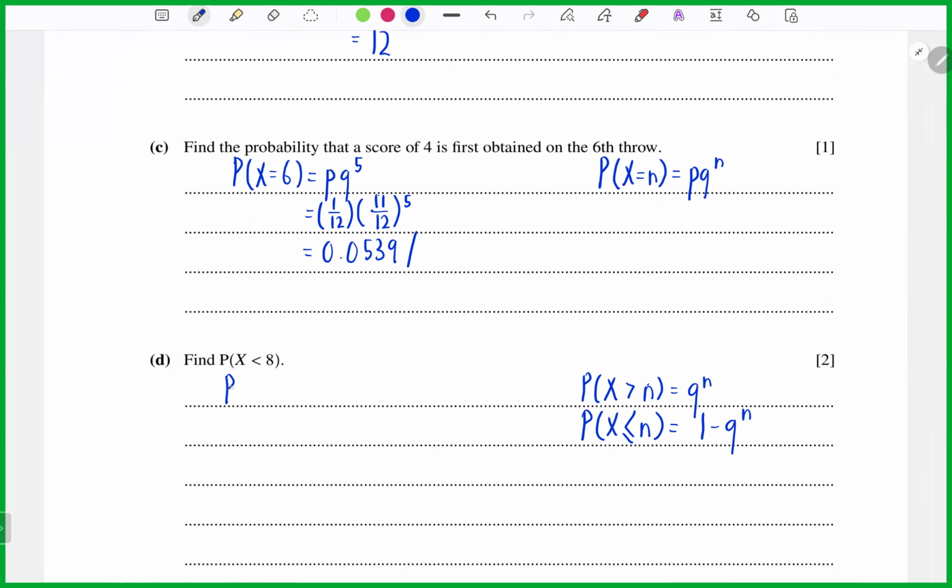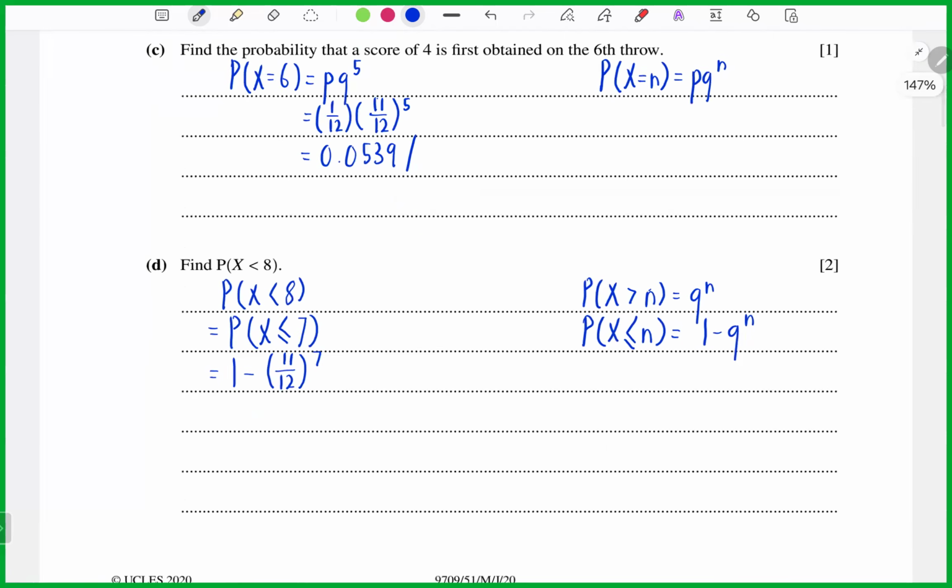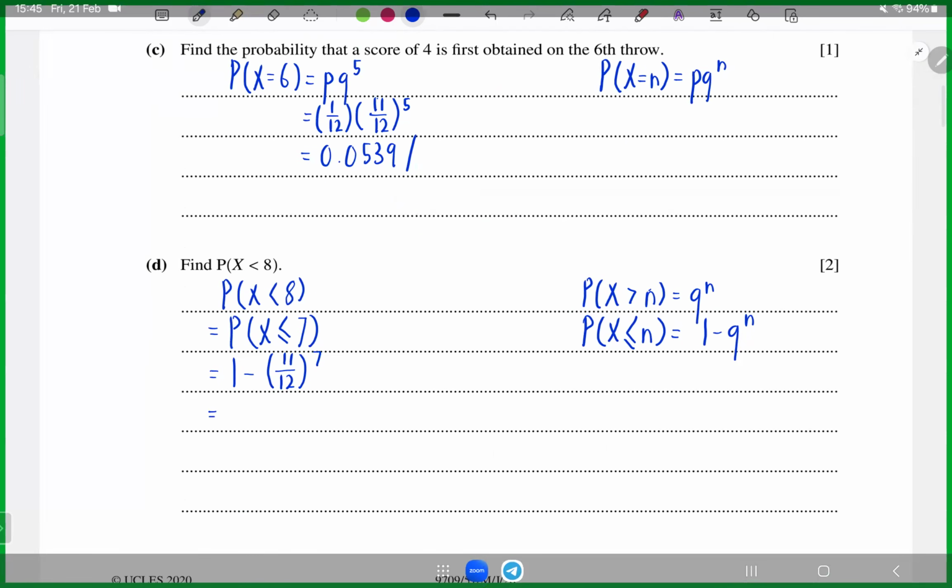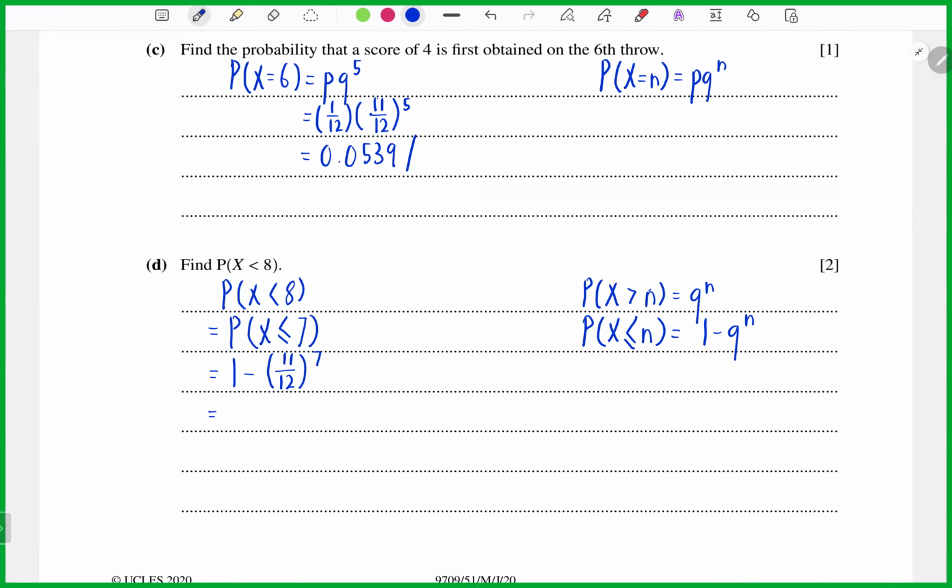So you see, P(X less than 8) is actually equal to P(X less than or equal to 7). So you can take 1 minus 11 over 12 to the power 7 here. So you can get your final answer, 1 minus 11 over 12 to the power 7, which gives 0.456.